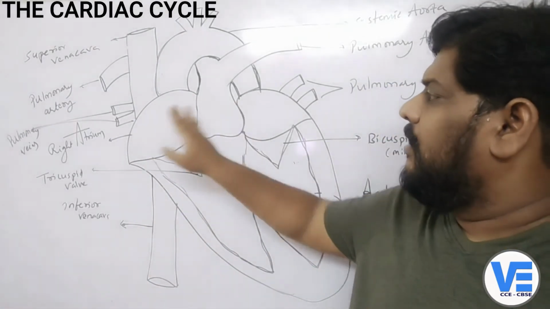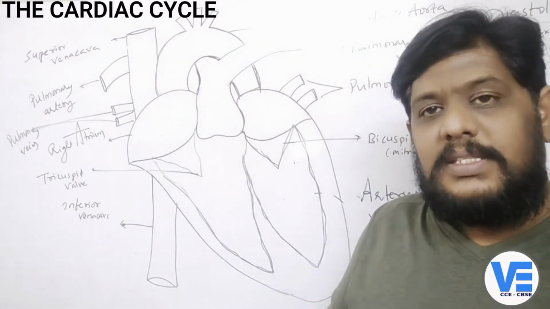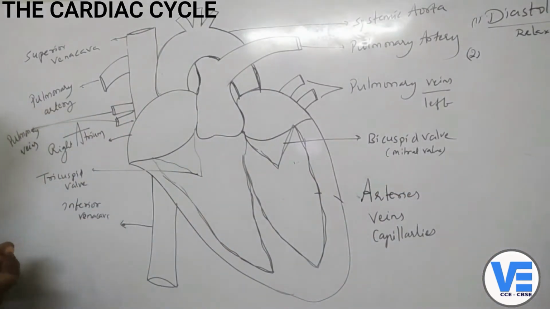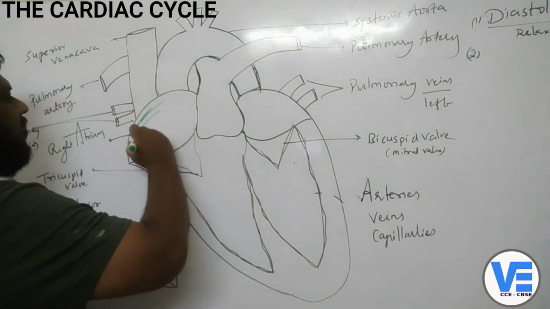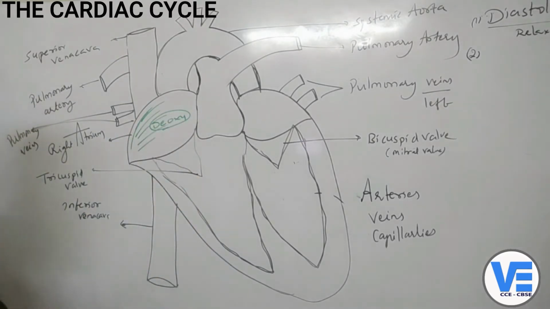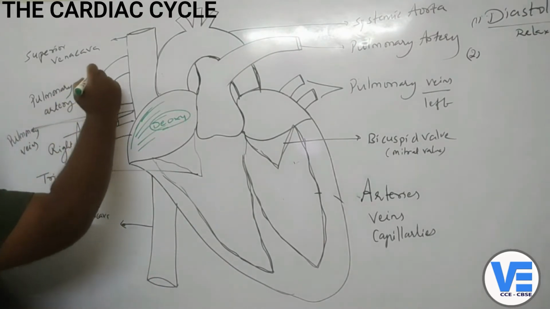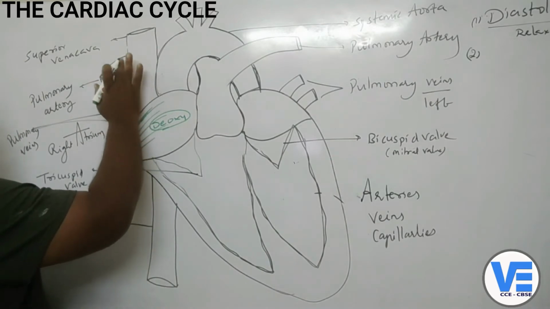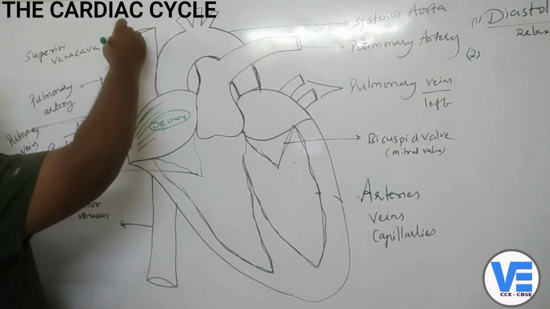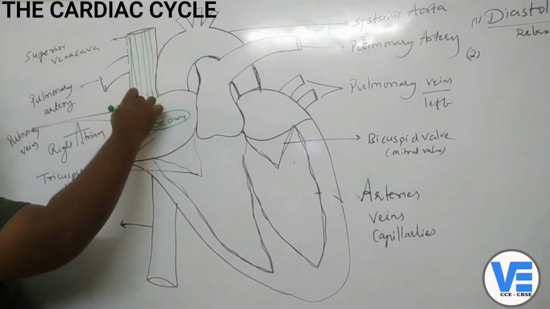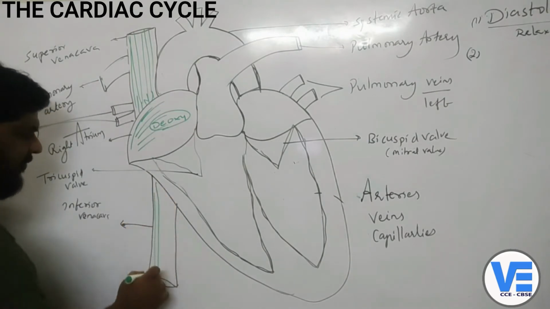Now we'll come to the right auricle. What is the blood which is being received by the right auricle? Right auricle is receiving the deoxygenated blood. From where is it receiving? It is receiving the blood from the superior vena cava, and also from the inferior vena cava.